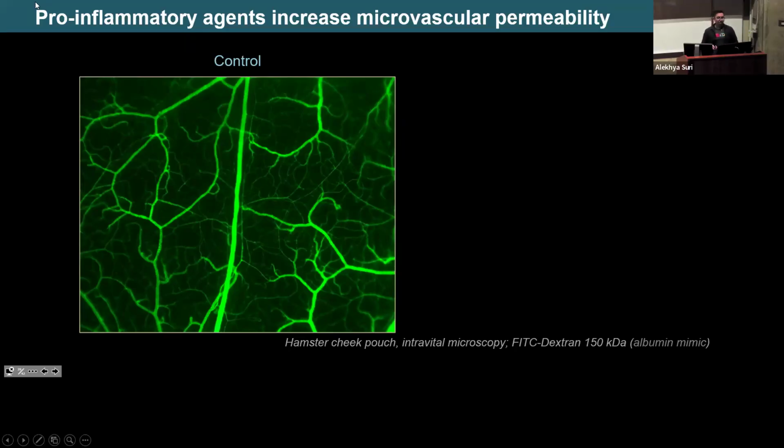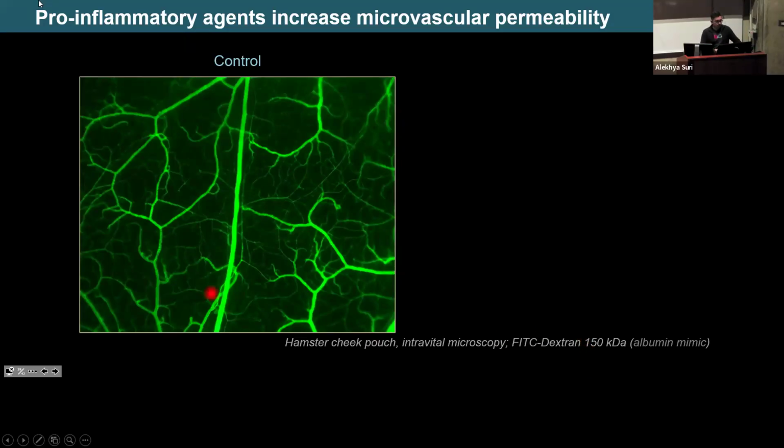So this hamster was injected with a fluorescent molecule called FITC-dextran. This is what we call a high molecular weight dextran. Basically, this dextran mimics the proteins that are present in the plasma. And the proteins that are present in the plasma normally stay in the plasma. They don't really leak because they're too big.